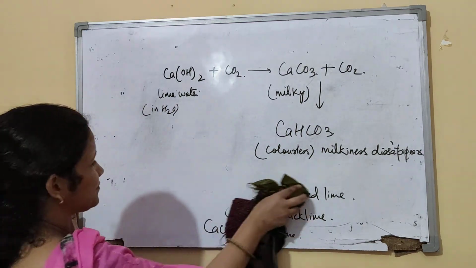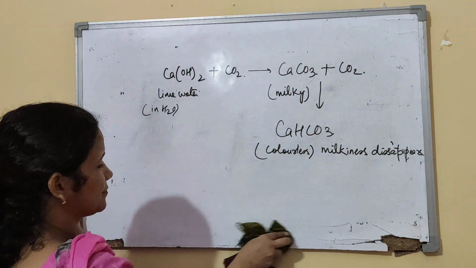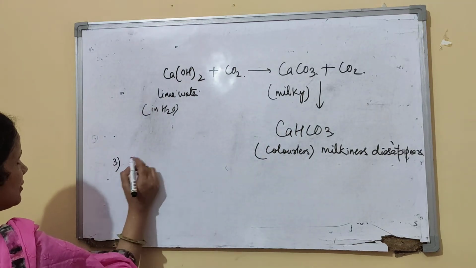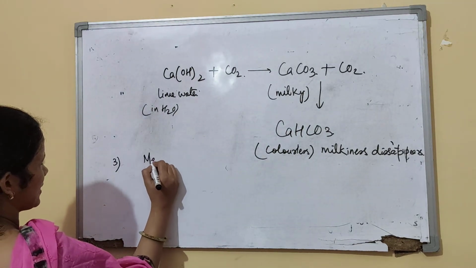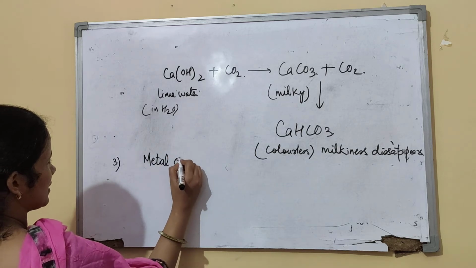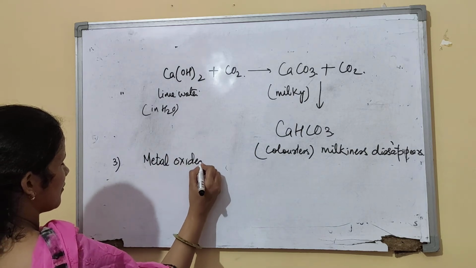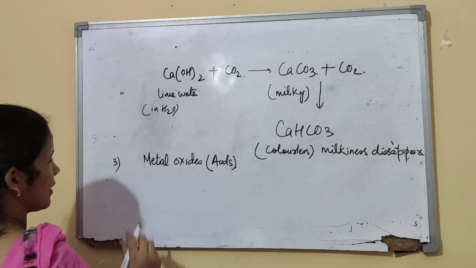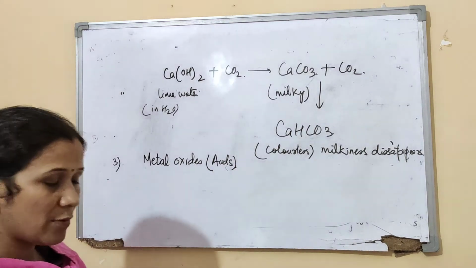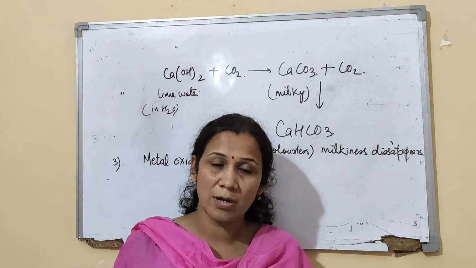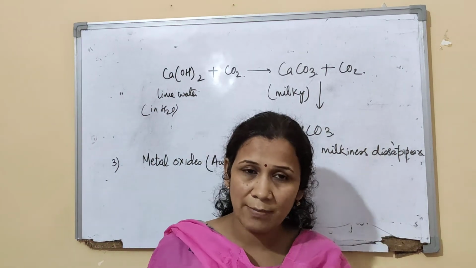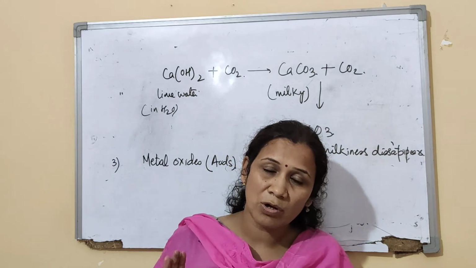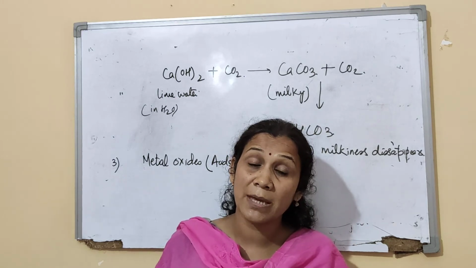Then next, we will write the third reaction, with metal oxides. Metal oxides when they react with acids. Now one thing which is very important and you should keep in mind: all the metals are electropositive in nature. So when they make oxides, the oxide will be basic in nature.